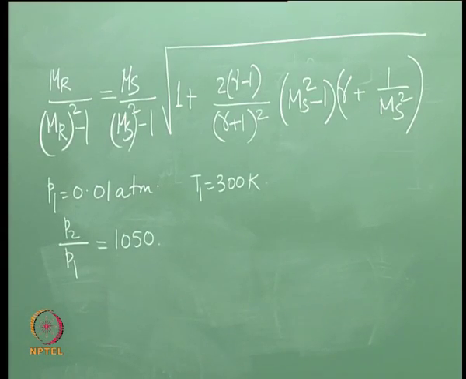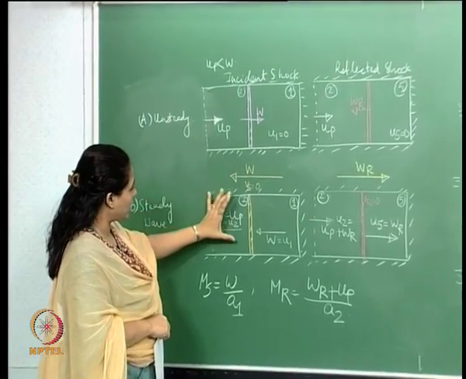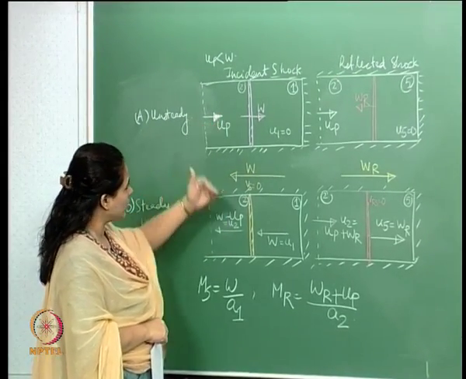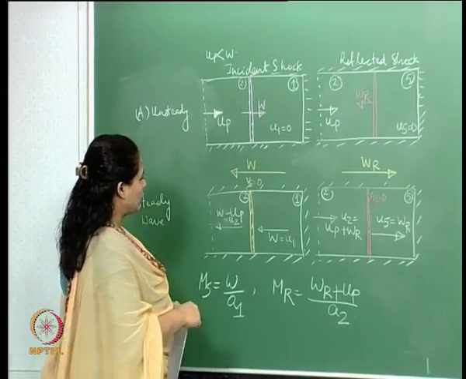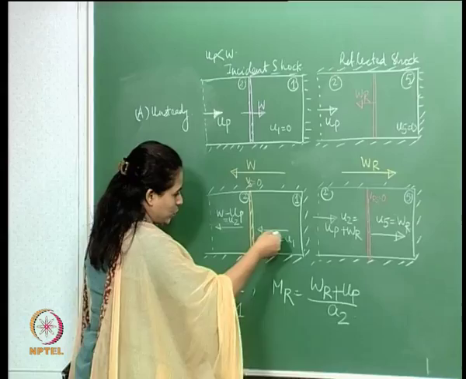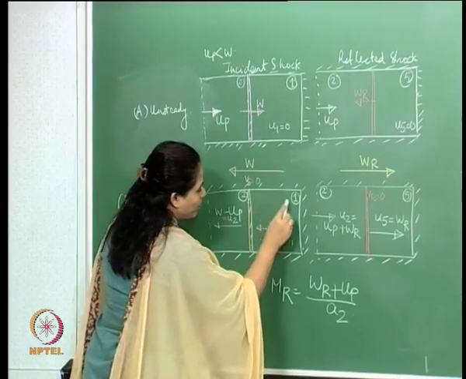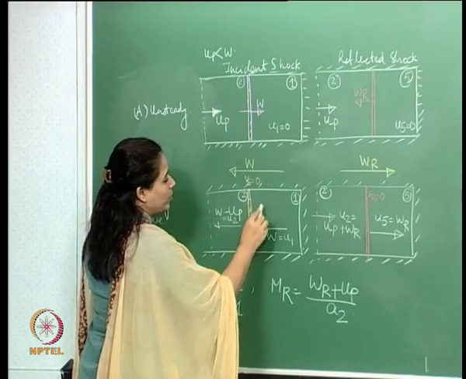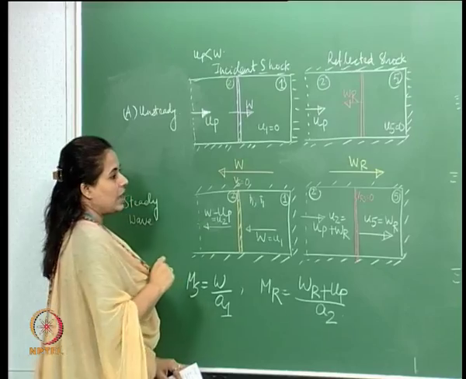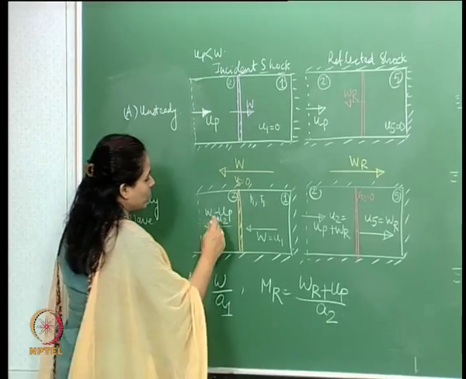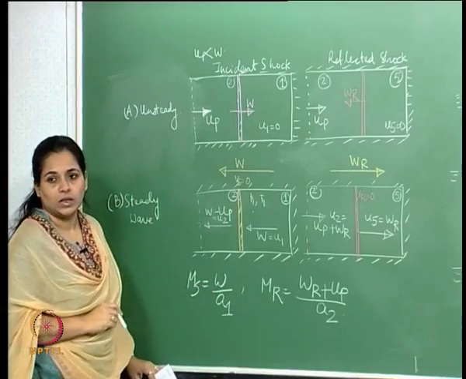So if you look at the steady picture of this case, basically I have a flow which is moving across a standing shock. Okay, so the pressure in this region is given, P1 and T1 are given, right, and the pressure ratio between P2 and P1 is given as 1050.